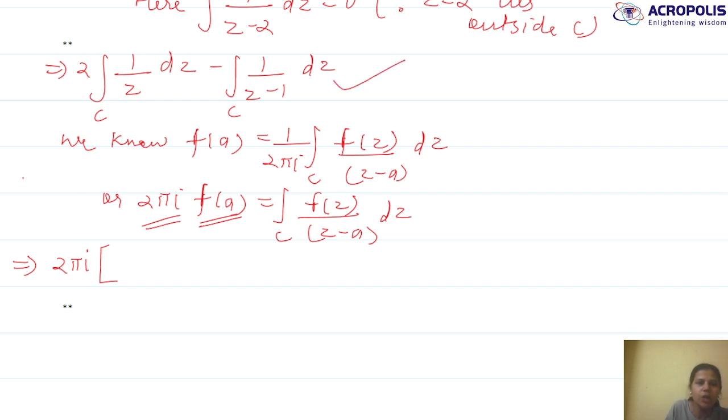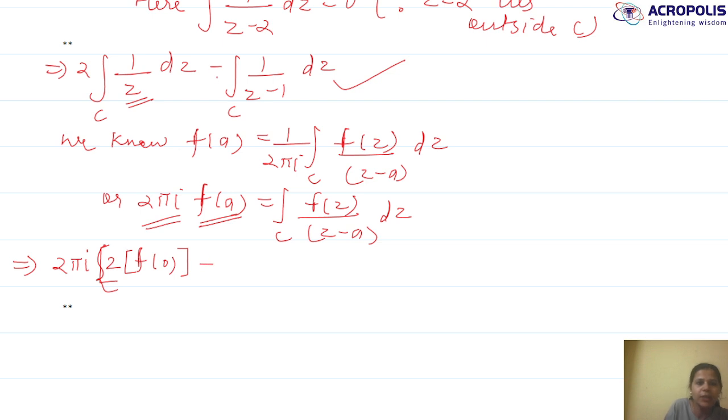So I write here 2 pi iota, and in the bracket we solve that part. The first integral is 2 times, in curly brackets, 1 upon z, where the point is 0, so f of 0.